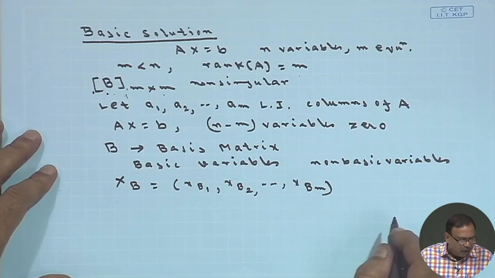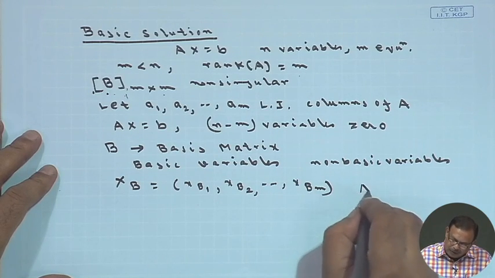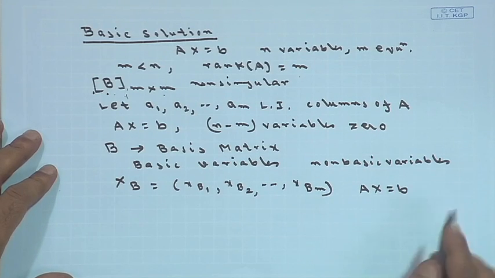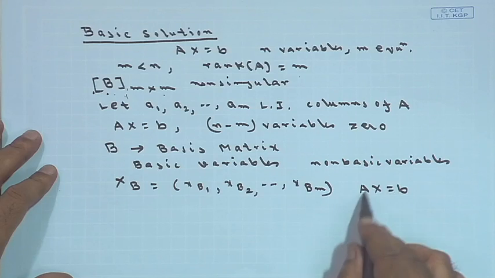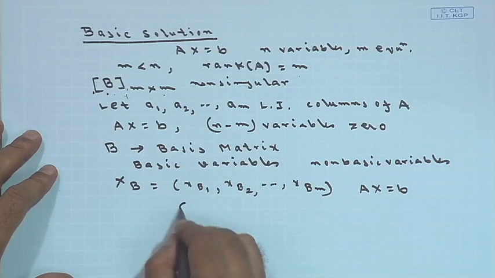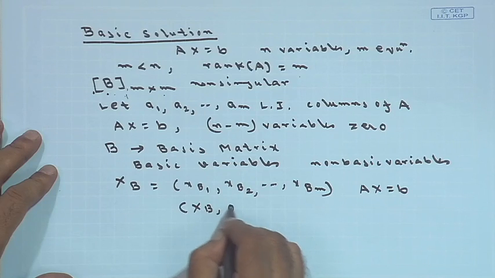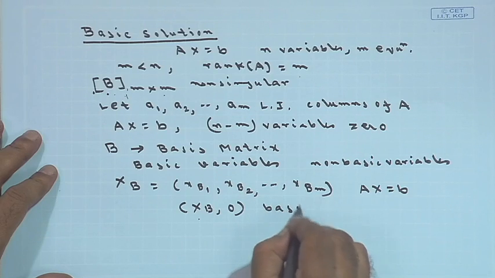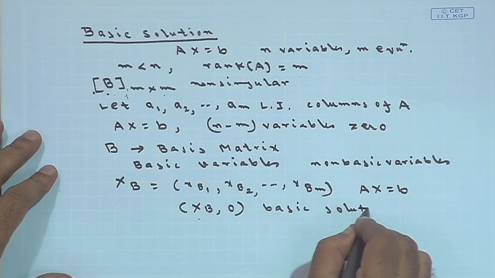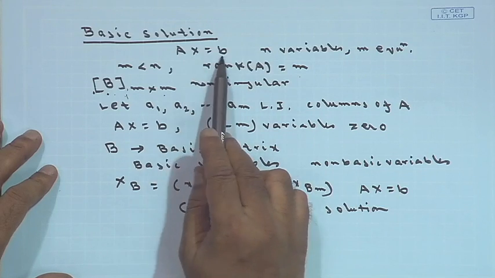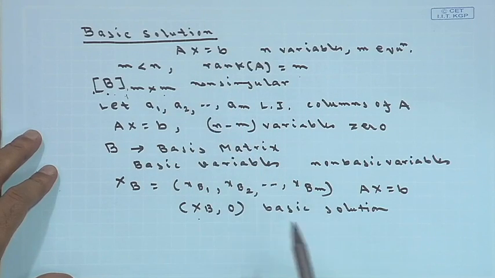These are the basic variables of the system Ax equals b, and the solution obtained will be x_B comma 0. So x_B comma 0 is known as the basic solution of the system of equations Ax equals b.